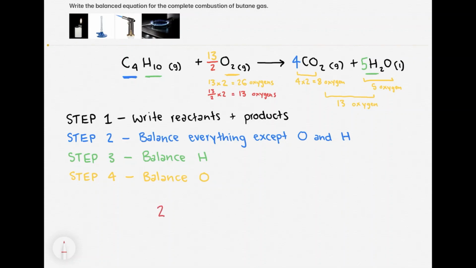So if we multiply butane by 2, multiply the oxygen by 2, and that will bring us back to 13. And multiply your carbon dioxide by 2. And lastly, the water by 2 as well. Now this would be the final overall balanced equation for the complete combustion of butane gas.